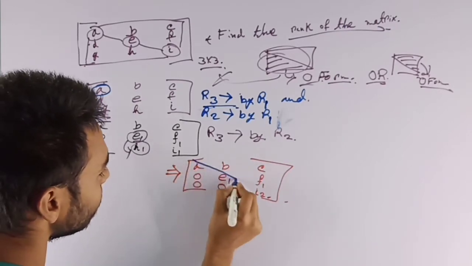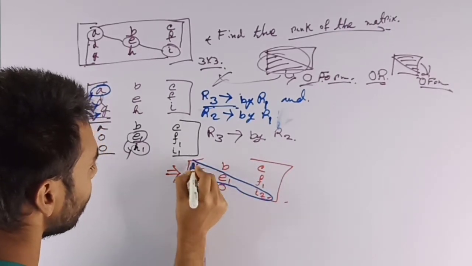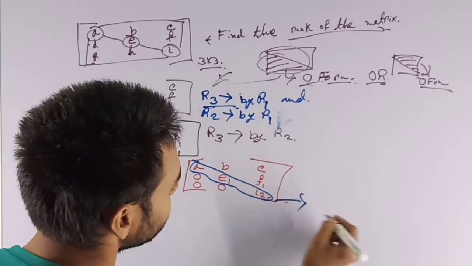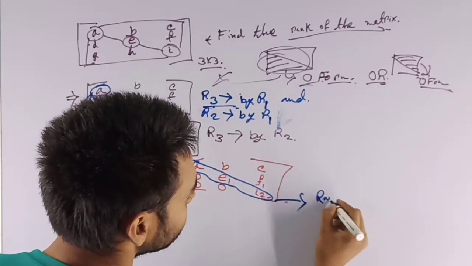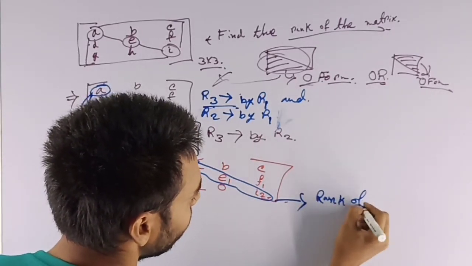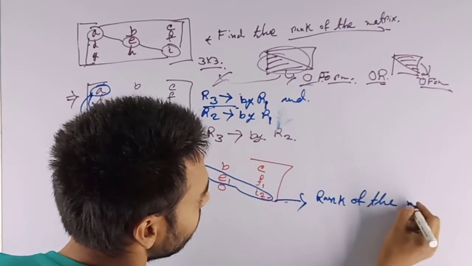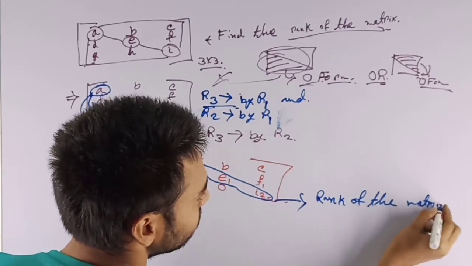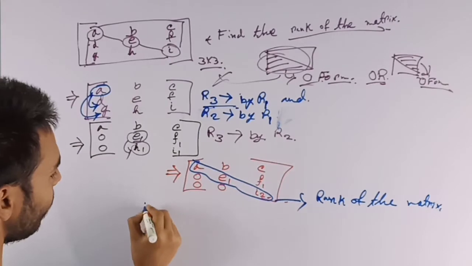Sometimes it's not 0, therefore this gives the canonical matrix elements. That is the rank of the matrix.